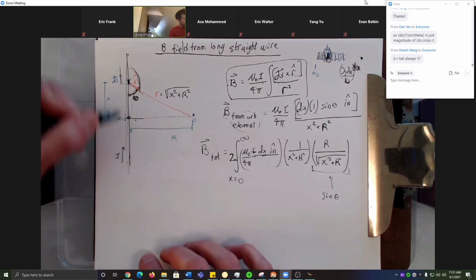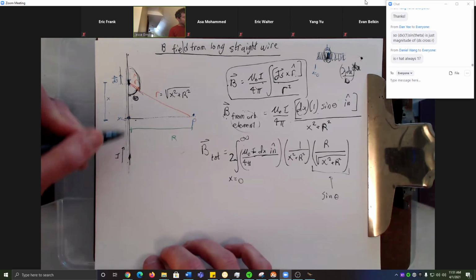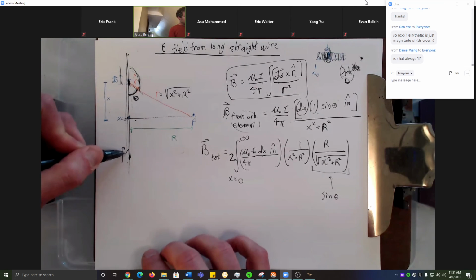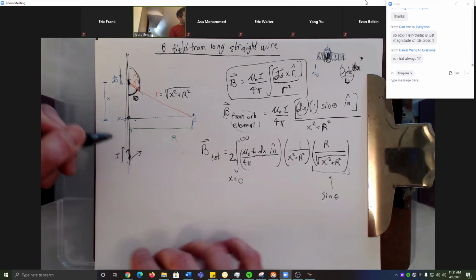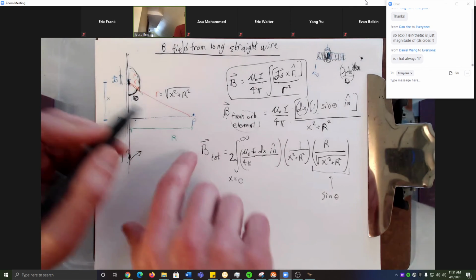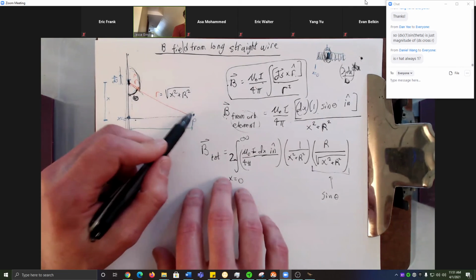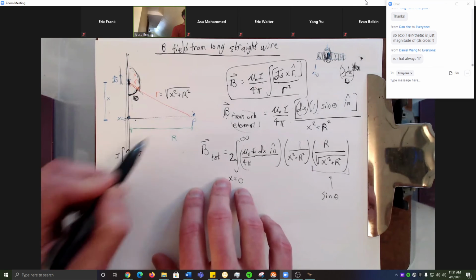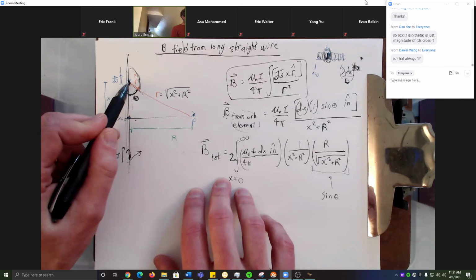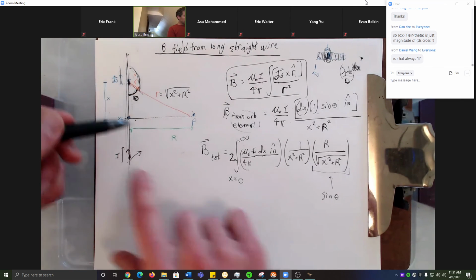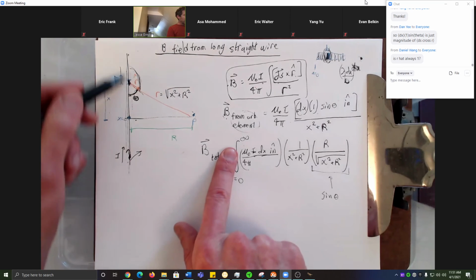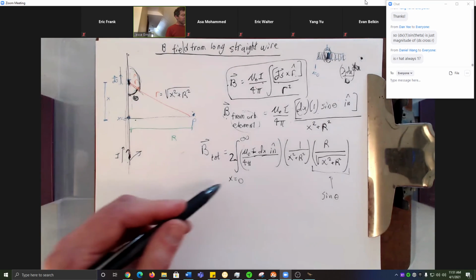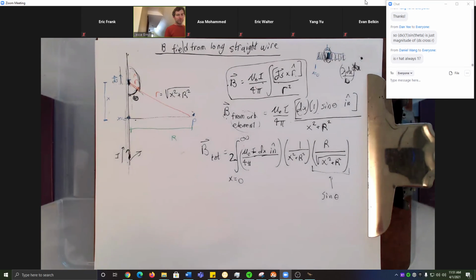Because the partner element, the mirror image element, ds vector goes that way, r hat goes that way, and so it will contribute the same to the B field here as this does. And so if you go from 0 to infinity, you'll only get half the result. So you go from 0 to infinity and then double it.